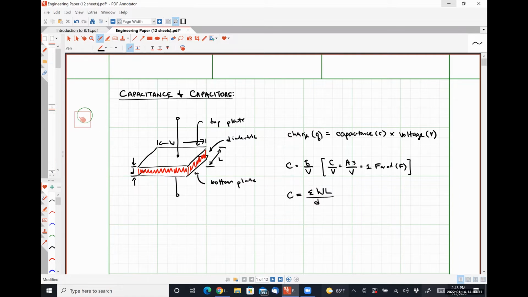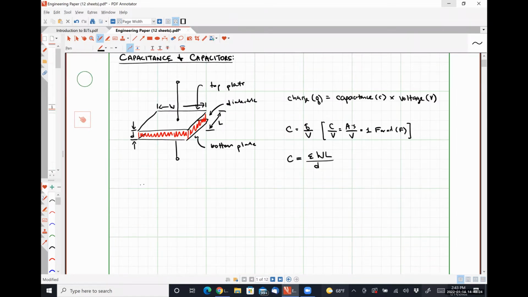The permittivity is a material property of the dielectric, okay? So vacuum has a permittivity of 8. Oh, let me write this down, okay? Epsilon naught is what's known as the permittivity of free space. And this is 8.854 times 10 to the negative 12 farads per centimeter.